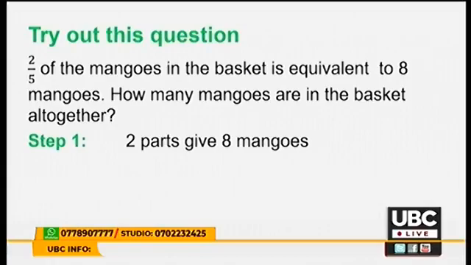I would like you to use your paper. Divide the paper into 5 parts. This time not 3, but we are dividing it into 5 equal parts.